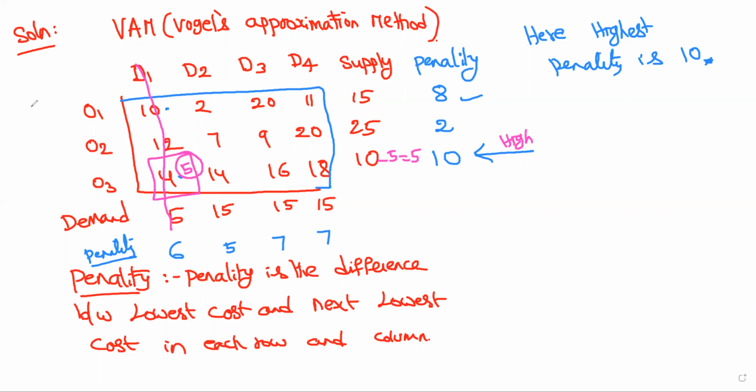That's all. This is step 1. In step 1 we see the difference between the least cost and next least cost for each row and column, and identify the highest penalty.